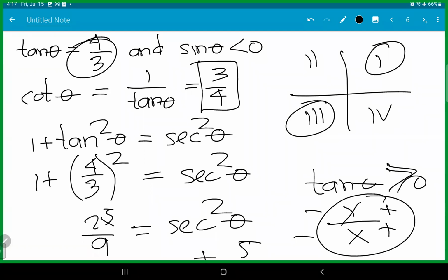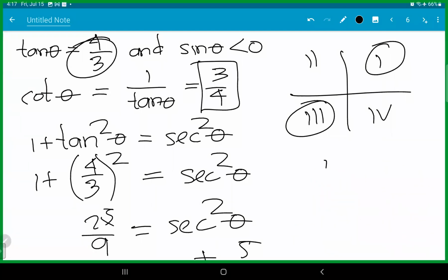And then you're told that sine theta is negative. Meron lang error kasi doon sa second problem pero hindi na mahalaga doon kung negative or positive yung sasagot nyo sa given numerical value. So kung sine theta negative, ang sine theta is the y-coordinate, diba?